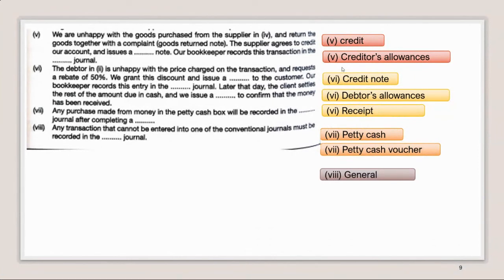Do you guys have any questions on the documents or journals based on this exercise that we've done? You can just indicate with an emoji if you're happy. Give me a thumbs up or a smiley face.